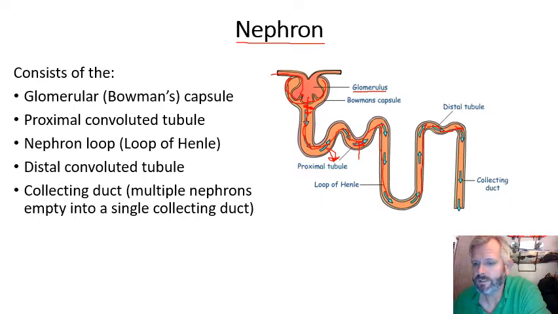So the composition of what's in the filtrate here is quite different than the composition of what actually ends up in the collecting duct. And by regulating what ends up here, we regulate those factors of pH, blood osmolarity, and so forth, and blood volume.